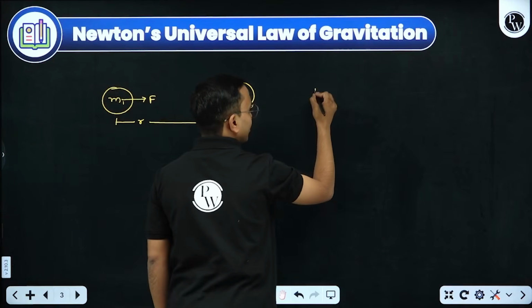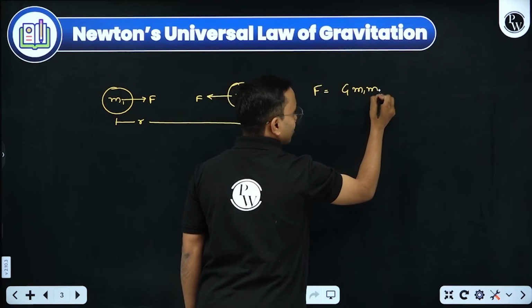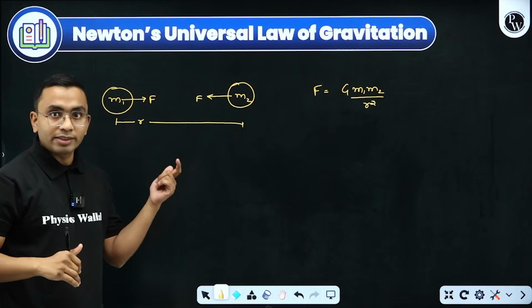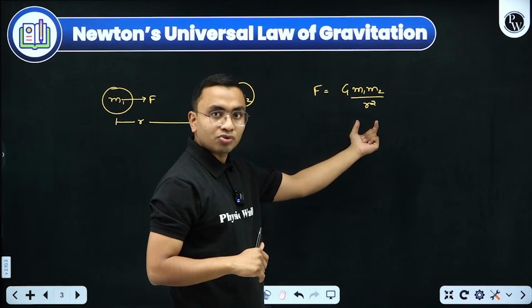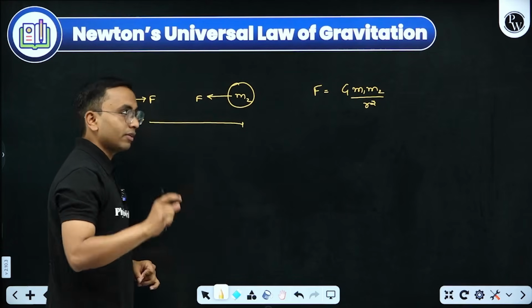And what is that? F = G m1 m2 divided by r square. So the force depends upon the product of the masses, inversely proportional to the square of the distance between them, and this is our proportionality constant, which is G.